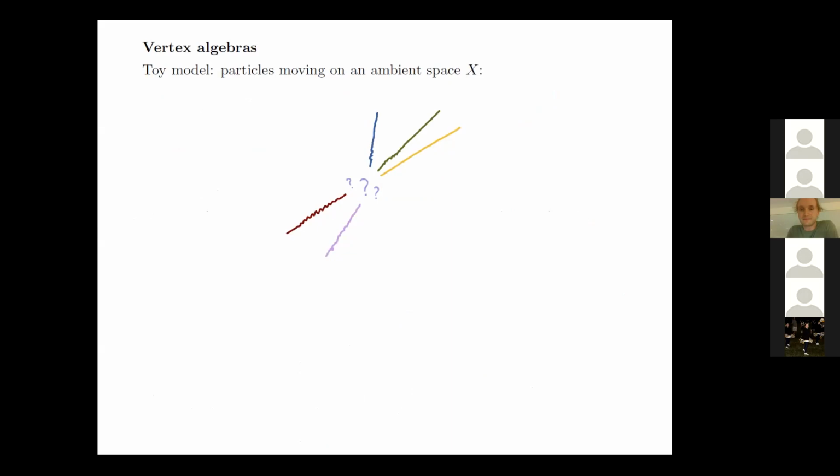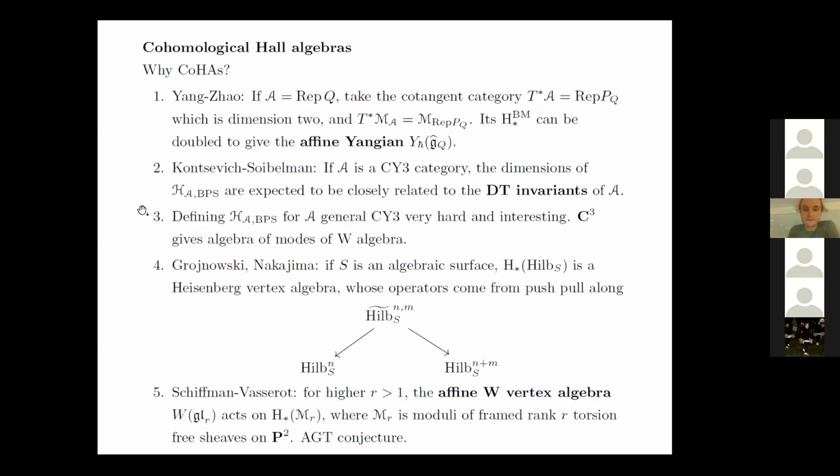Alyosha, maybe go to your previous page. There is also a series of works of Ben Davison, and I think he explained clearly how, not necessarily affine, like affine Yangian, it's some sort of dimensional reduction from the three-dimensional story.